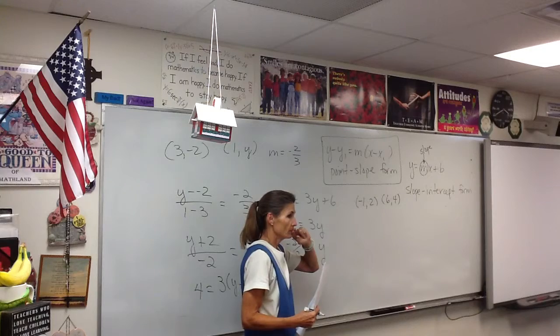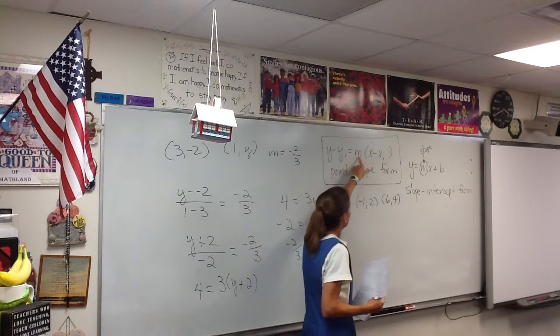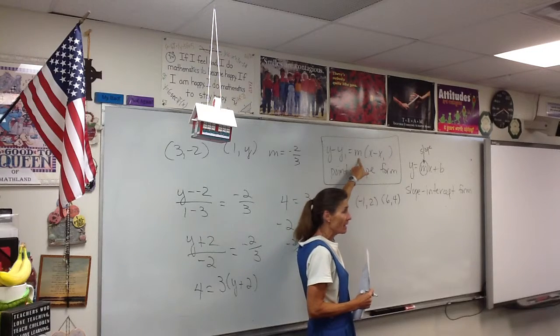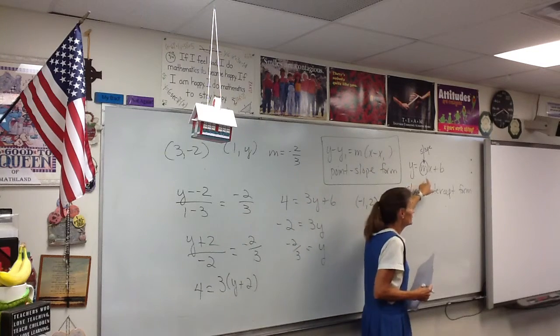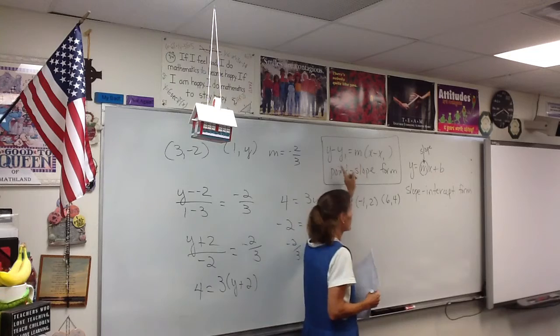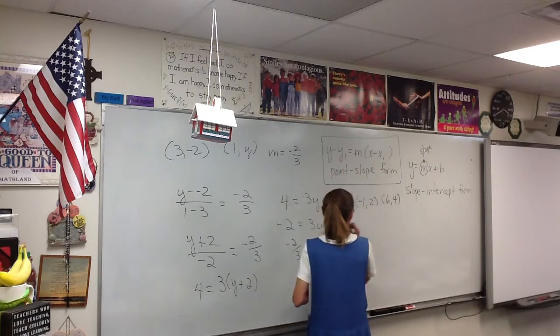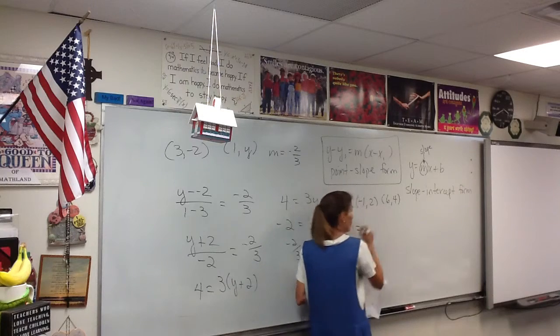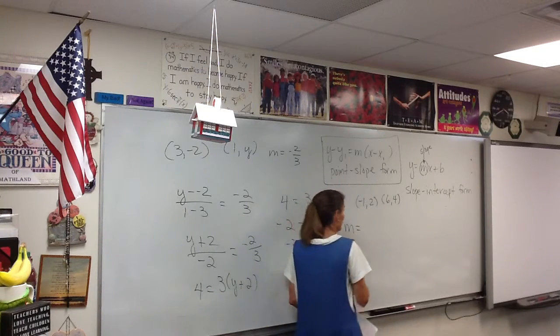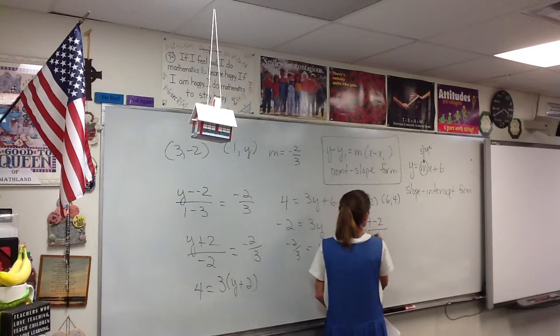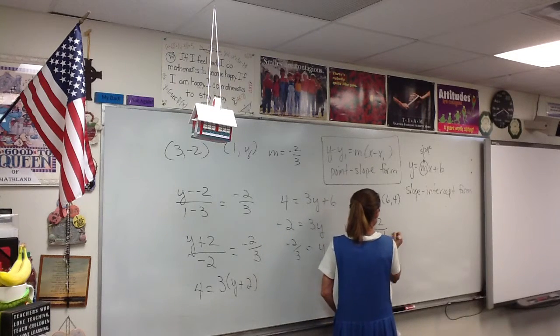Okay. I need to find this first. M is the letter for slope, and I can't do either of these problems without the slope. So we just talked about that. What is the slope of this line? 4 minus 2, 6 minus negative 1.